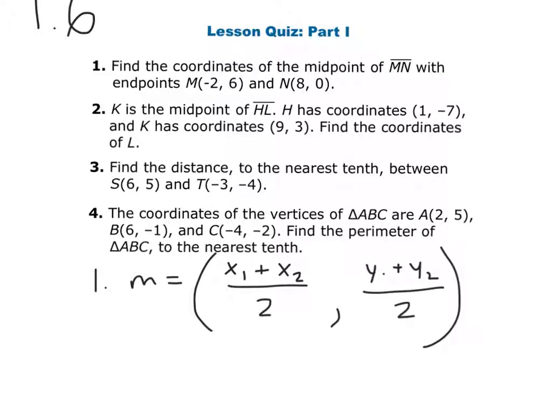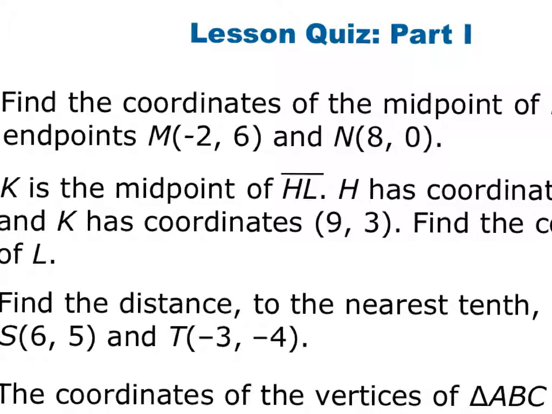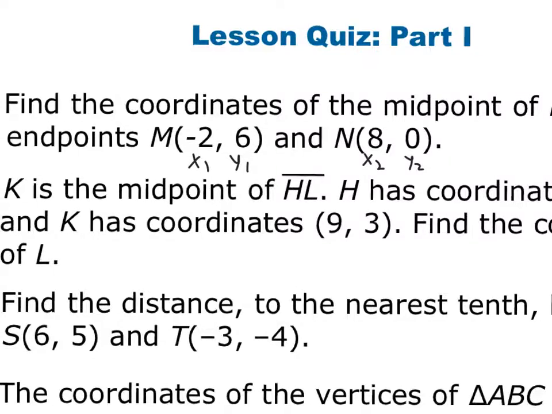So if we look at our points here, we have M and N. Let's call M our first point, so we have x1 and y1. And N will be our second point, so we have x2 and y2.